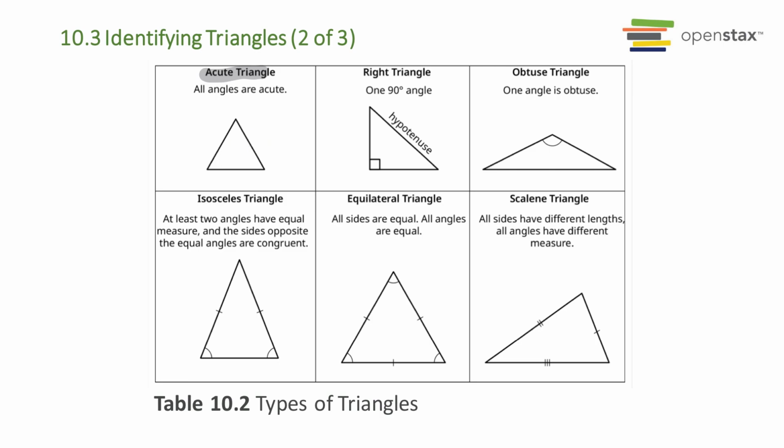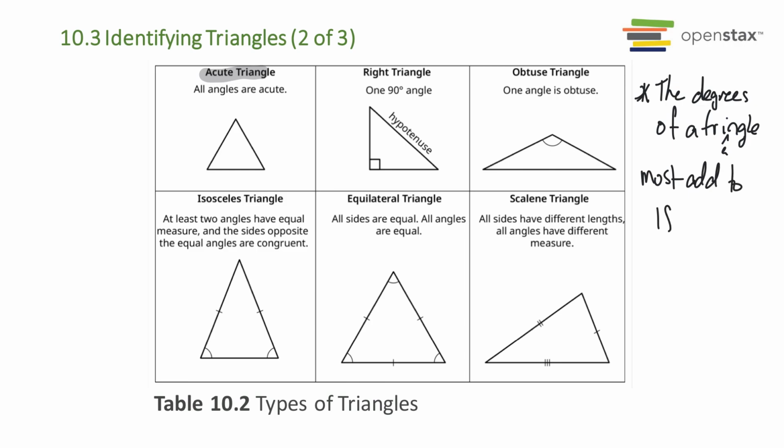Now, this is important: the degrees of a triangle must add up to 180 degrees. And there's a really awesome reason for that, which I will talk about in just a moment. But that's an acute triangle.